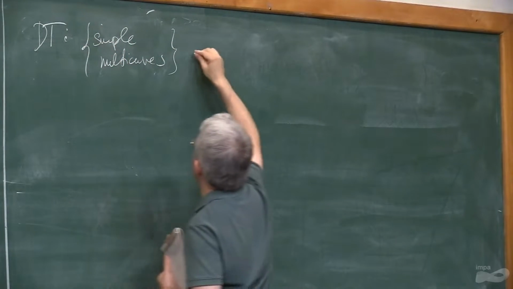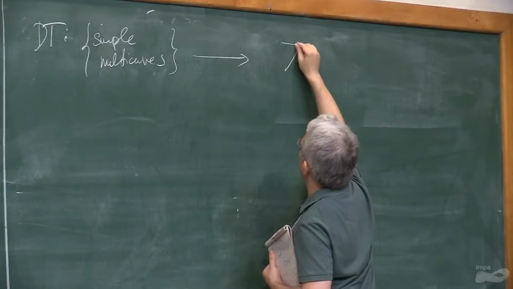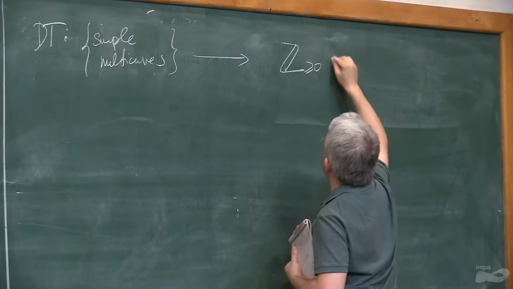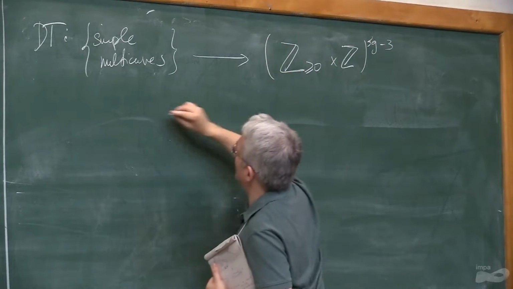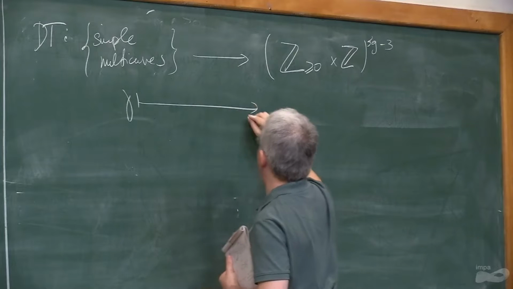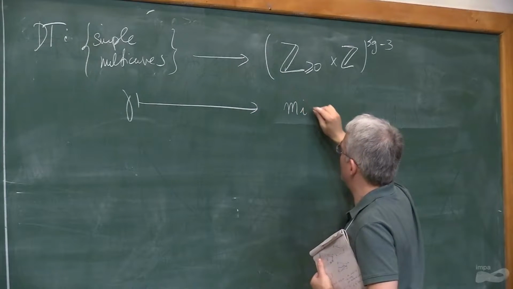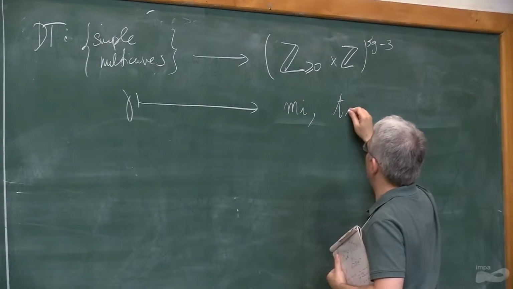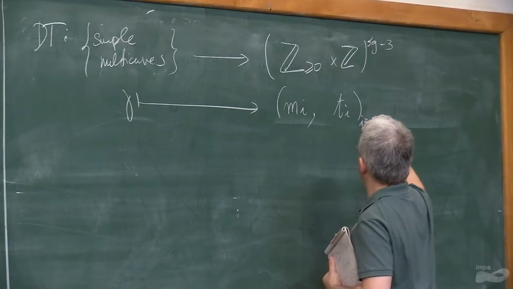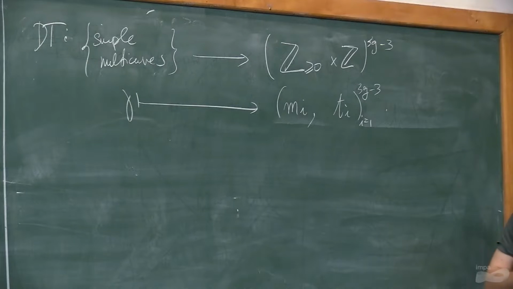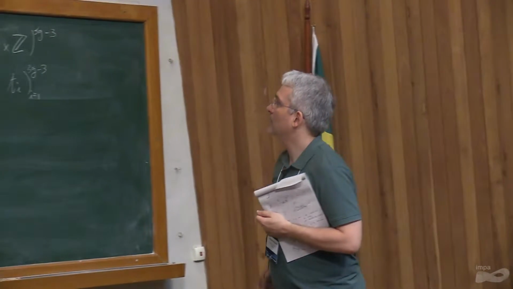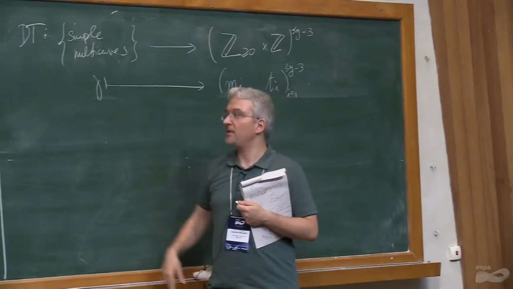These are sent to some numbers. So gamma is sent to mi and tau i. Sorry? You can have several components, yeah.